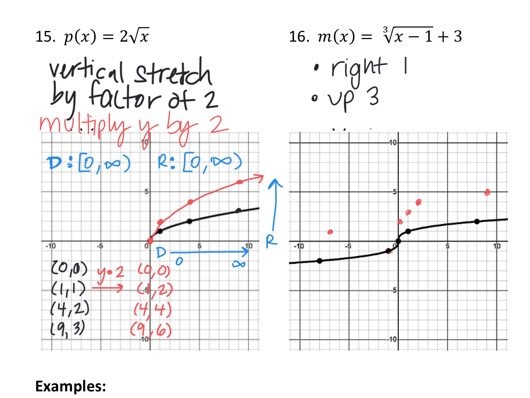Do you remember what this is called when you're just doing a slide? Translation. Yeah, okay. Try and make it look the same. It's the same exact graph in a different spot because all you did was shift it.